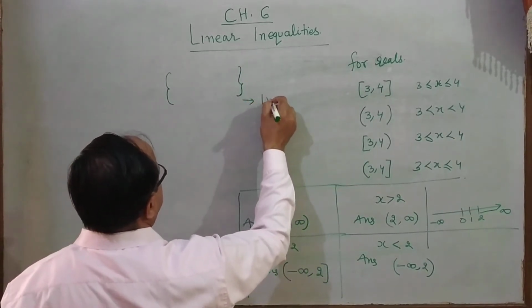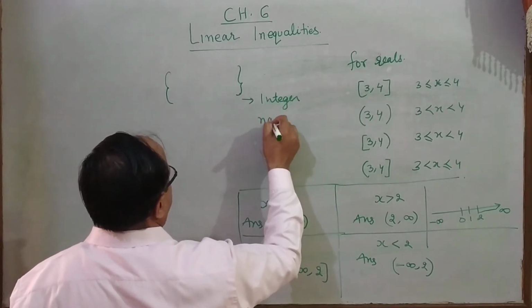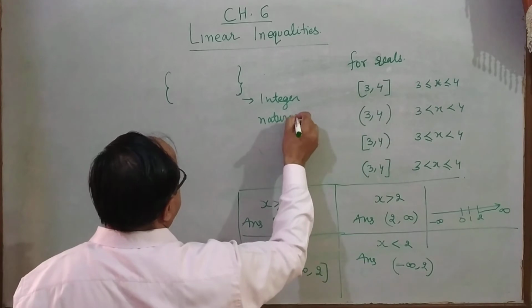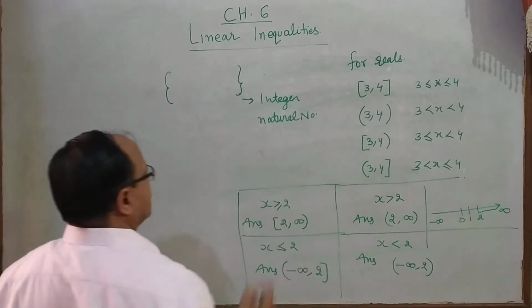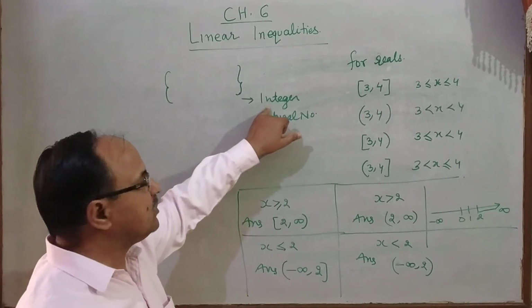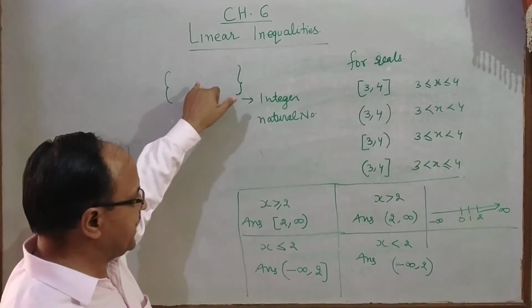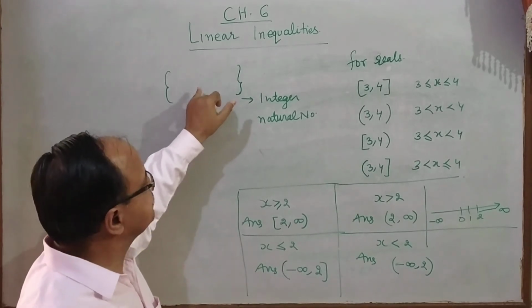If the solution is for integers or natural numbers, if you want to find your solution in the form of integers and natural numbers, then you can use this type of bracket. Clear?